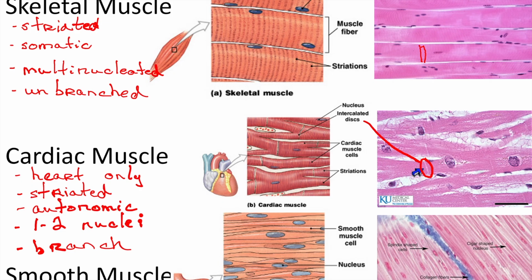Smooth muscle is non-striated. Has 1 nucleus. It's under autonomic control. And it's unbranched.